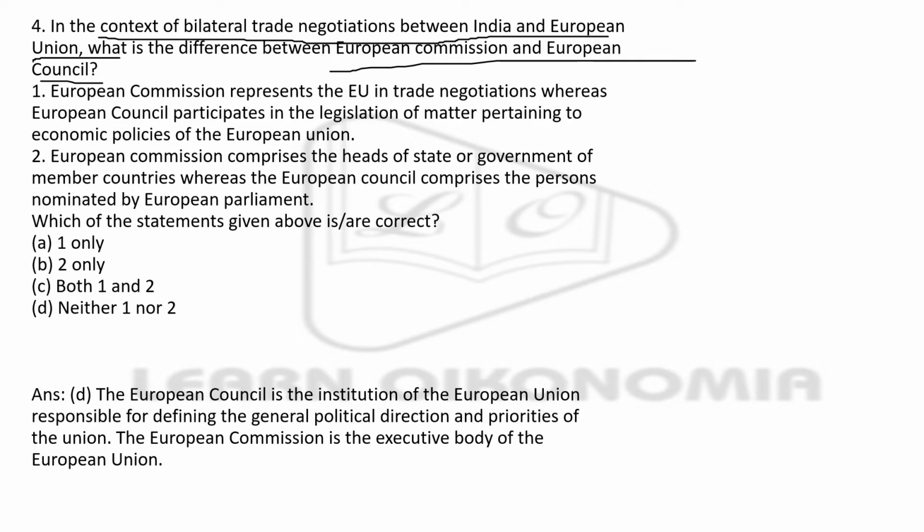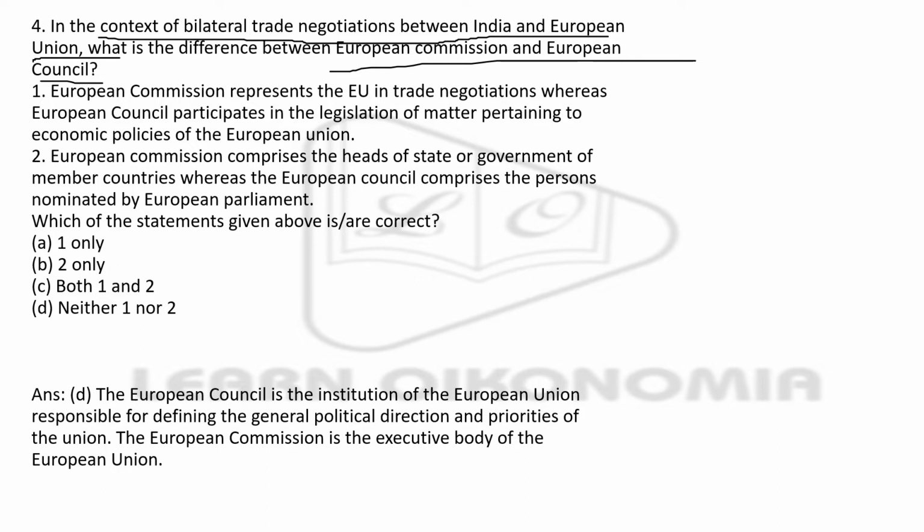The council is an institution which deals with the political direction as well as priorities, whereas in the case of commission, it is the executive body. Okay, so you are given two statements here, and you have to see which one is the right thing, or whether both are correct or neither of these are correct. These are the things that you have to identify.